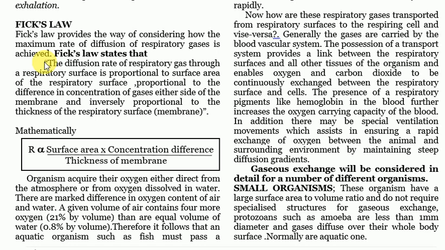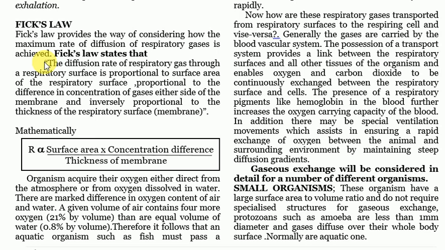Now we state Fick's law as: the diffusion rate of respiratory gas through a respiratory surface is proportional to the surface area of the respiratory surface, proportional to the difference in concentration of gases either side of the membrane, and inversely proportional to the thickness of the respiratory surface.